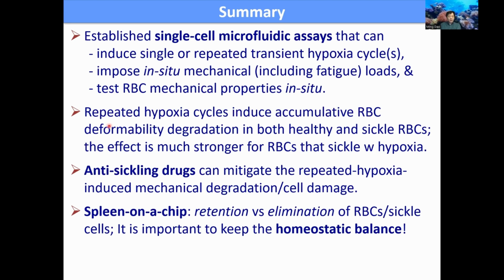Repeated hypoxia cycles can induce accumulative red cell deformability degradation and sickling in both healthy and sickle RBCs. The effect is much stronger for RBCs that sickle under hypoxia. Anti-sickling drugs can mitigate the repeated hypoxia-induced mechanical degradation and cell damage.